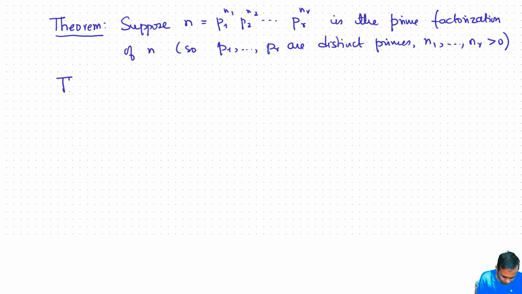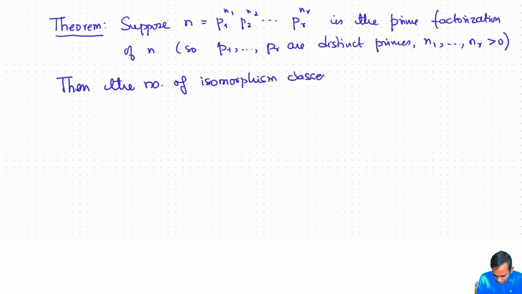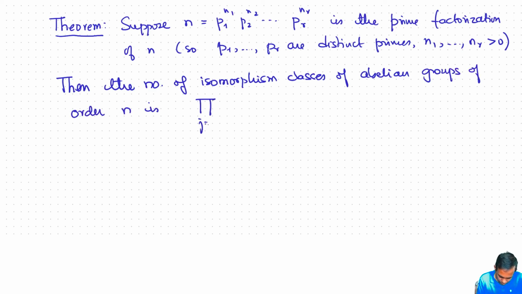Then the number of isomorphism classes of abelian groups of order n is the product, j equals 1 to r, of P(nj).